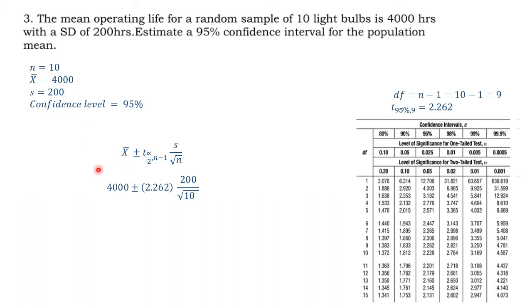X bar is 4000, S is 200, and N is 10. Solve it 2 times, first time with minus, second time with plus. Use your calculators to find the answer and round your answers up to 2 dp, and this is our confidence interval for the population mean.